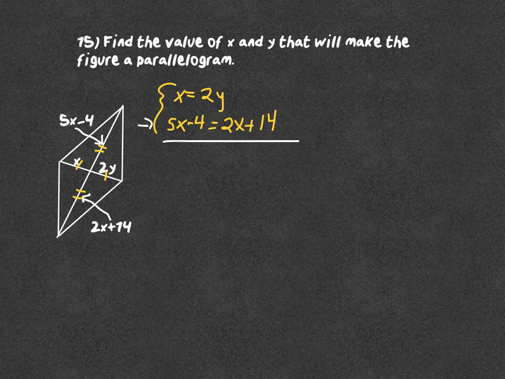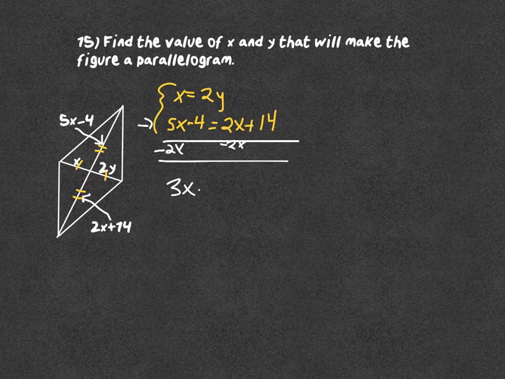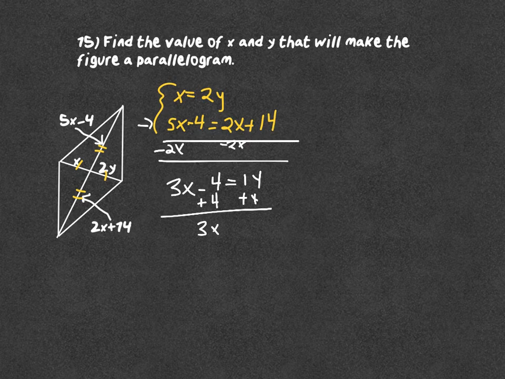I'm going to subtract my 2x from both sides, leaving me with 3x minus 4 equals 14, and then add the 4 over, and 3x equals 18.